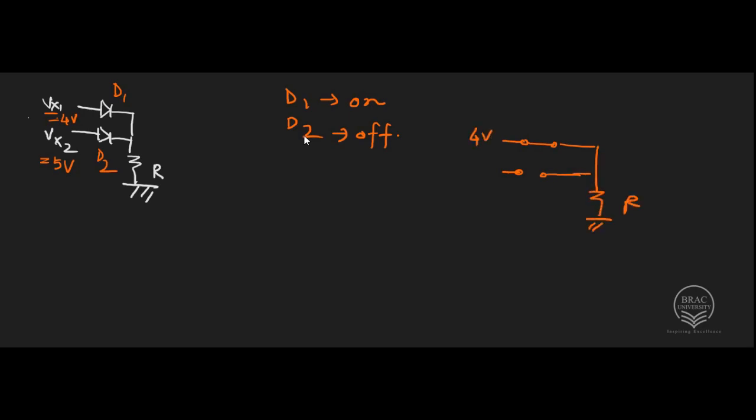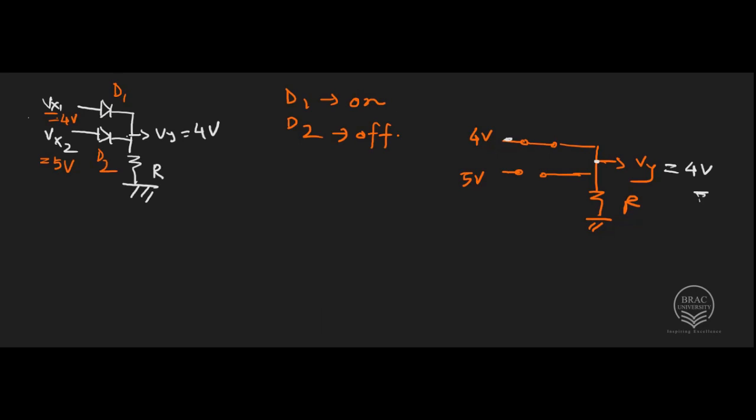So this is 4 volt and this is 5 volt and this is our output terminal. Now as you can see, the output terminal Vy and 4 volt is shorted, so this time Vy will result in 4 volt.